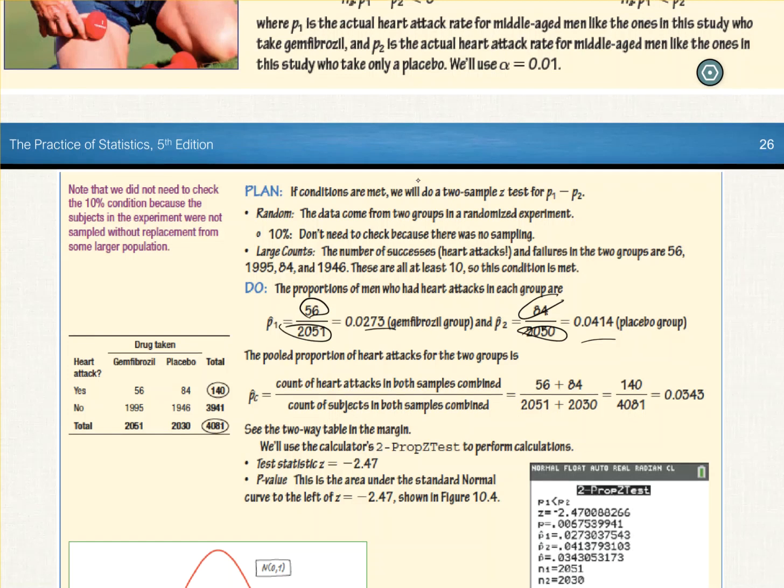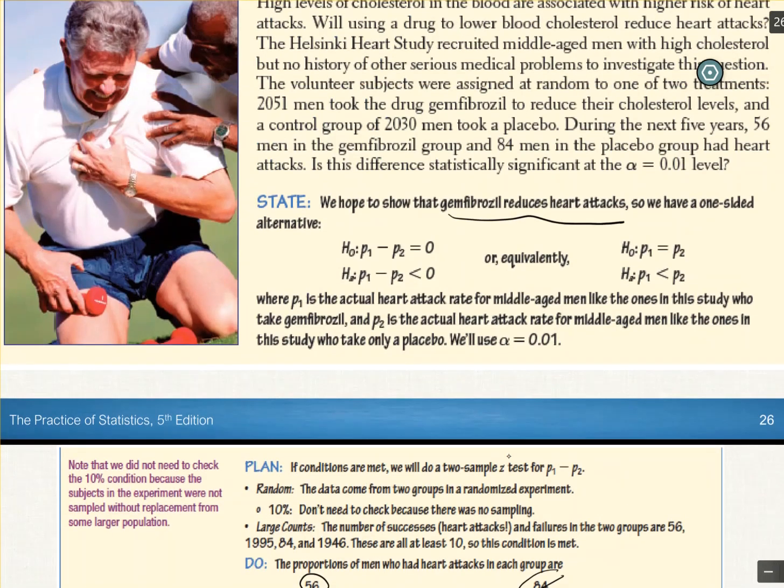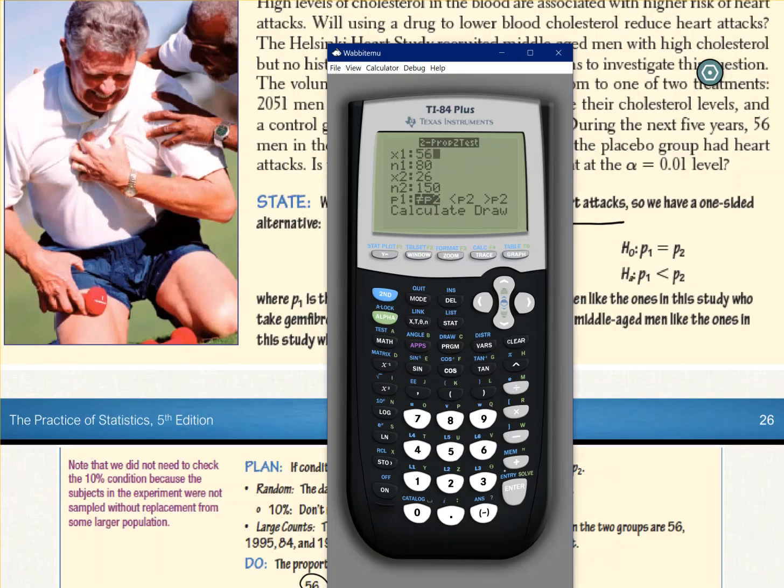But if we want to, we can just go straight to stat, tests, 2-prop z-test. Let's see here. We had 56 out of 2051.